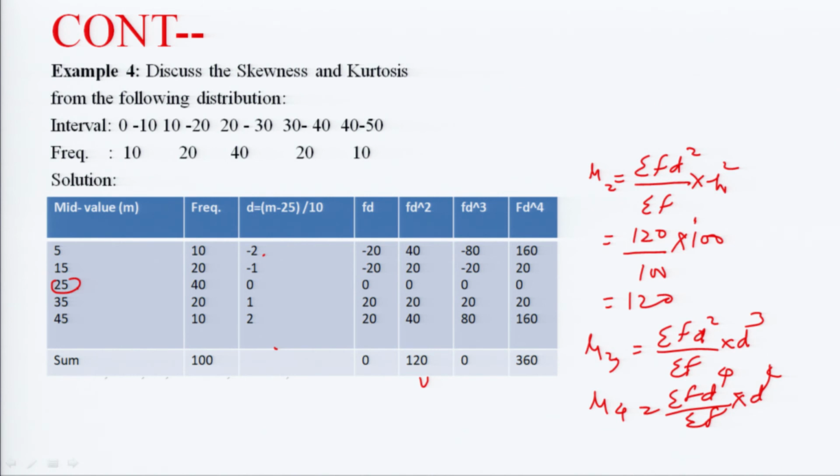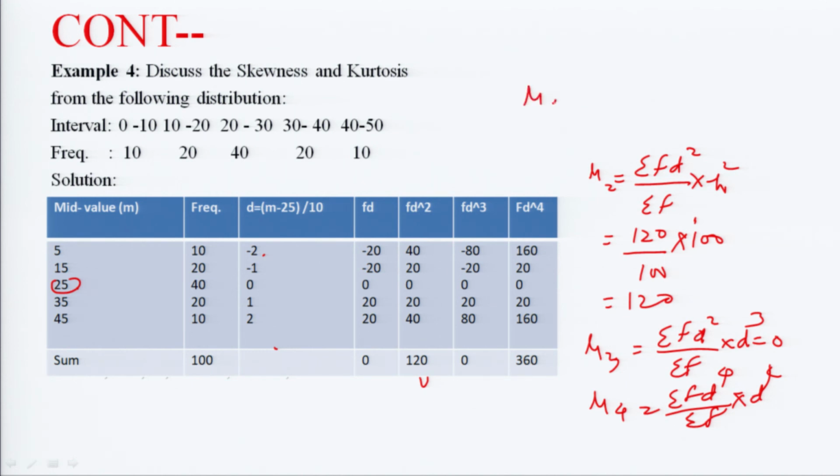Fourth moment: summation f d raised power 4 is 360, divided by 100 into h raised power 4, where h raised power 4 means 10 raised power 4.